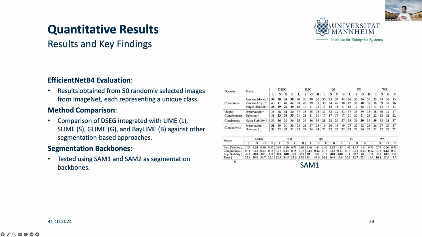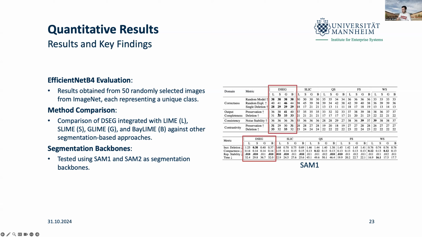The table below measures numeric values like the area under the curve, where we simply use the mean value, compactness the same, representation stability and time as well. And for the table above, we measure the correct class. So here we can have up to 50 points, one point for each image, and the higher the better, whereas here the lower the better.